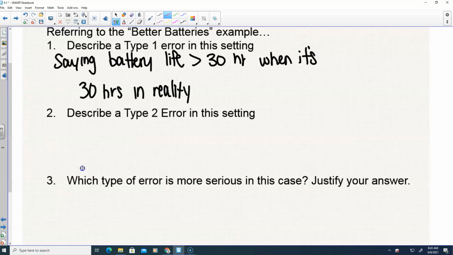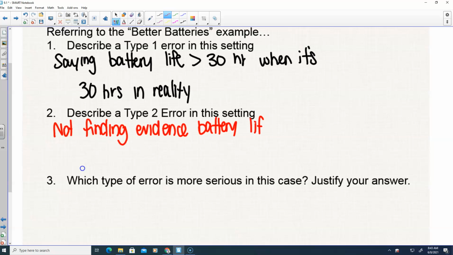A type 2 error would be not finding the evidence that the batteries are greater than 30, when it really is.